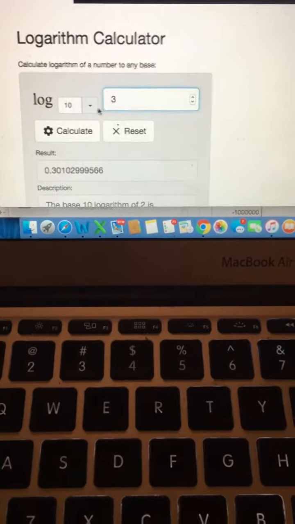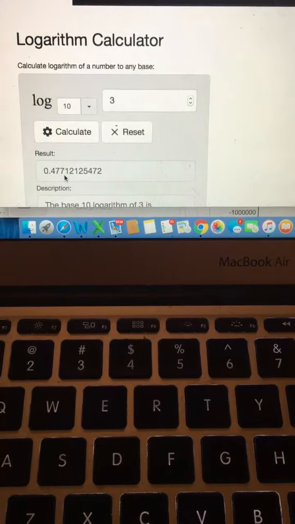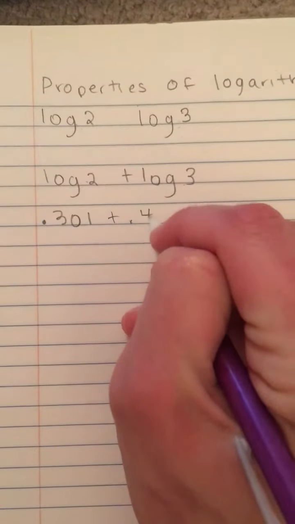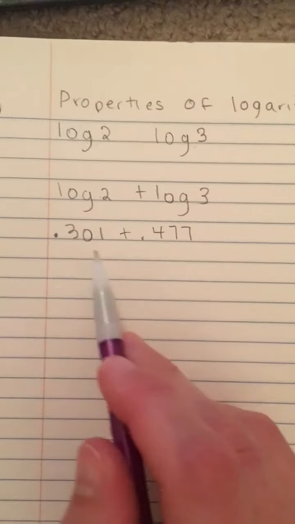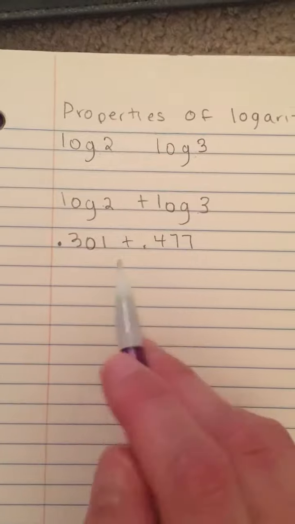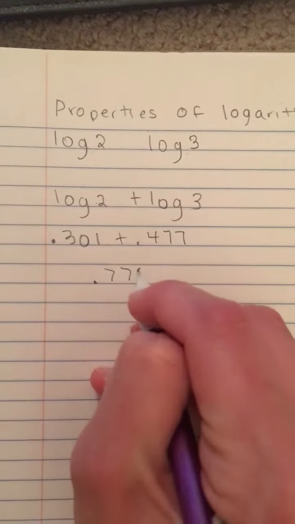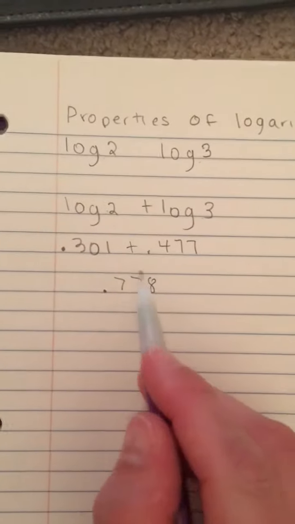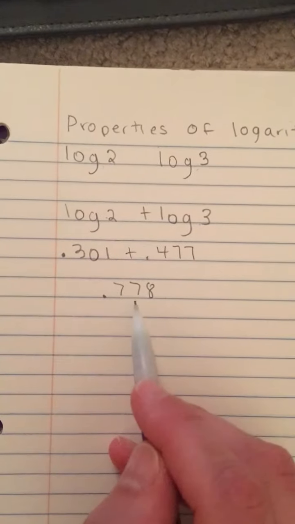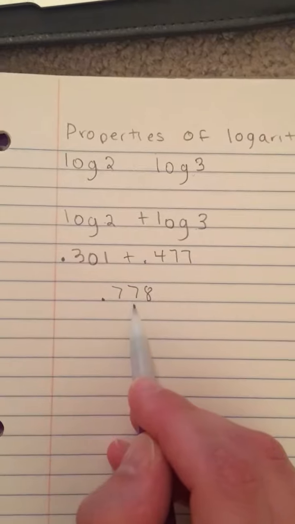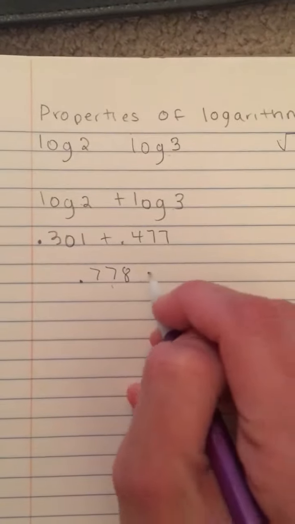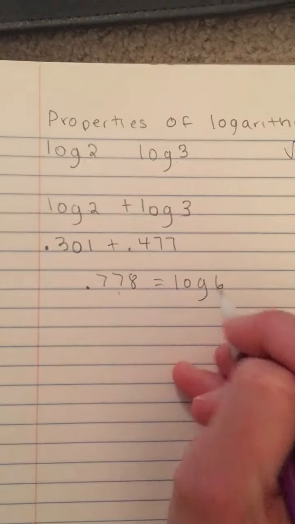Log of 3, calculate on that, is 0.477, plus 0.477. If we add these together, we get 0.778. And what's interesting is that this value is equivalent to log 6. I'm going to show you that over here.